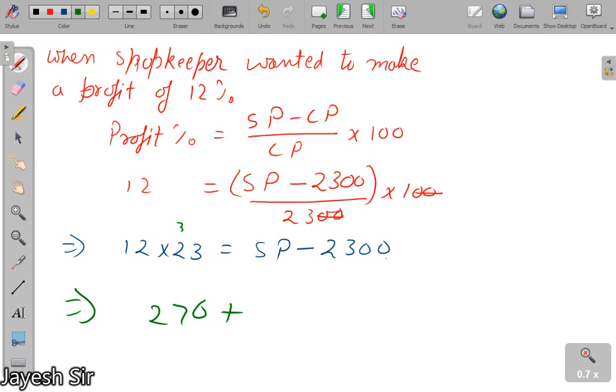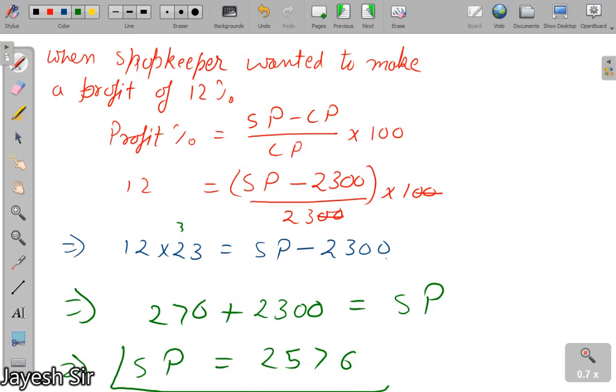And when this is transported to the left hand side, we get 2300 plus 276 as SP. So the value of SP should be equal to 2576 rupees for the shopkeeper to have a profit of 12%.